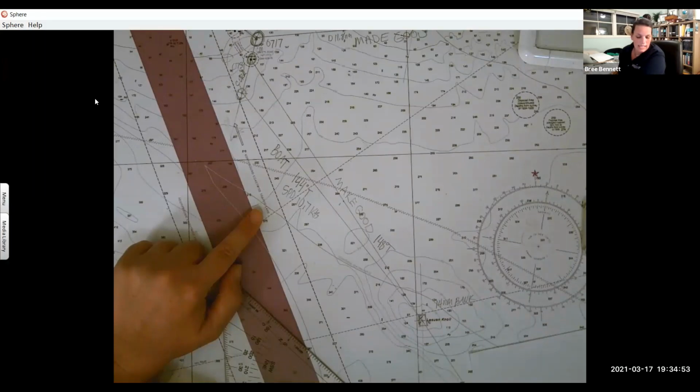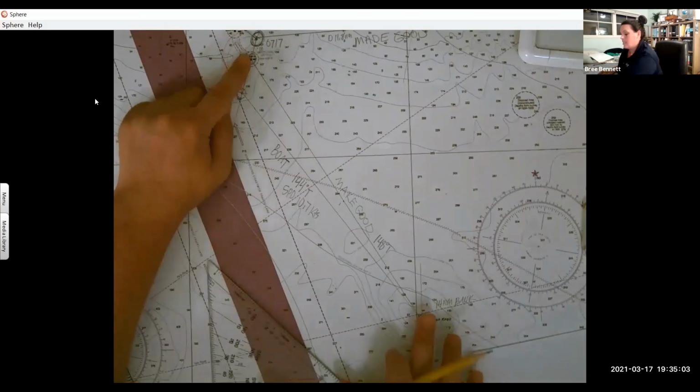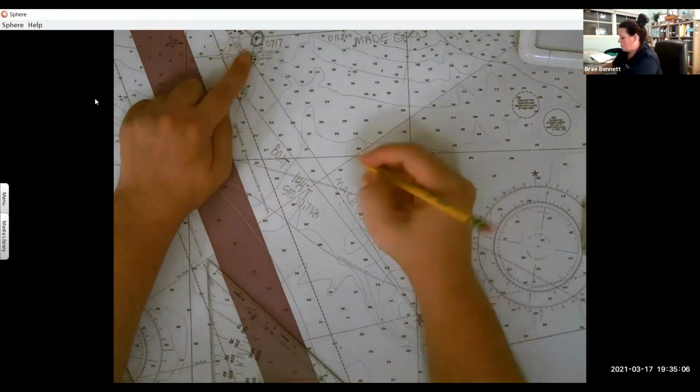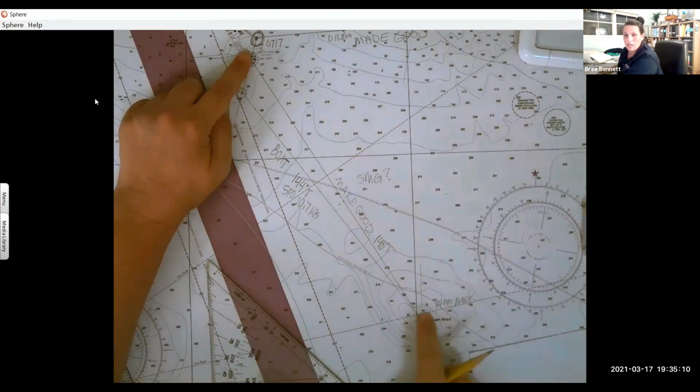So in order to get an ETA, or a time run distance, I need to calculate what my speed made good is going to be. What is my speed made good?